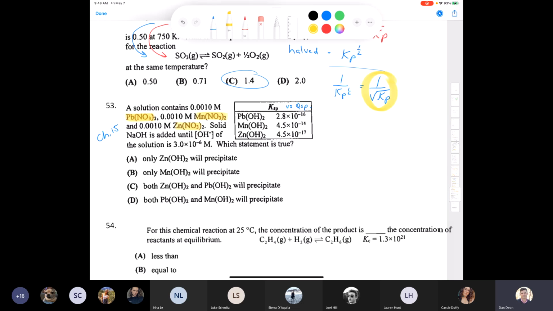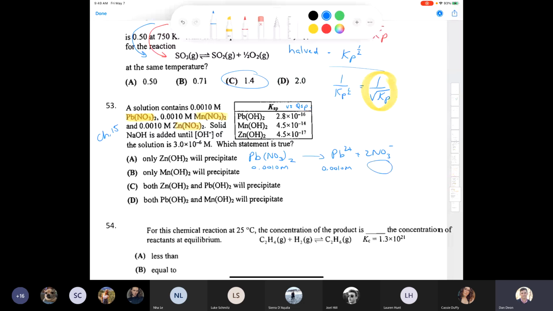Right? So if either one of these dissociates, like I'll just show you one, for example, you have lead-2 nitrate, right? And you have 0.0010 molar. Well, when it dissociates, you end up with 1 lead-2 plus ion and 2 nitrates. We don't care about the nitrates, but you end up with 0.0010 molar for the lead 2. You end up with double for this.